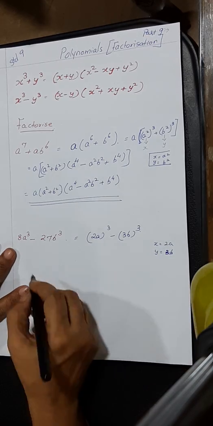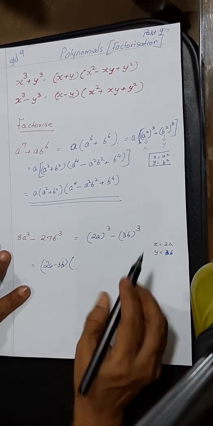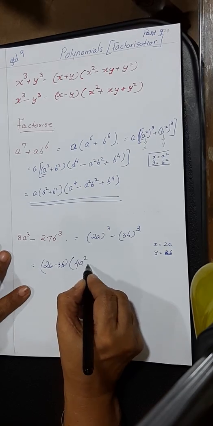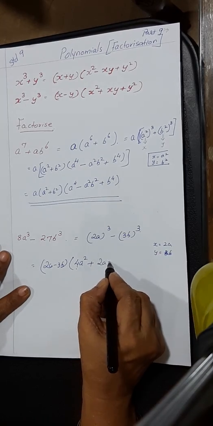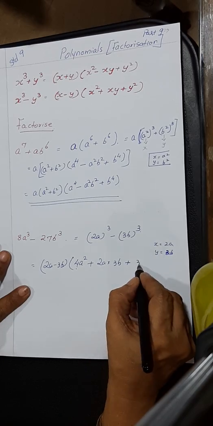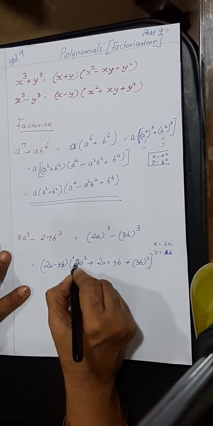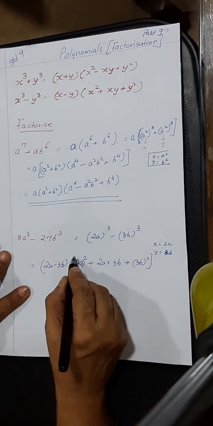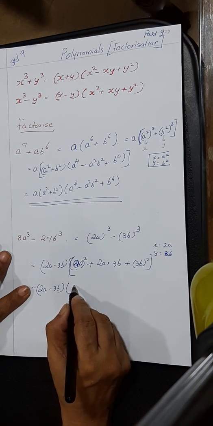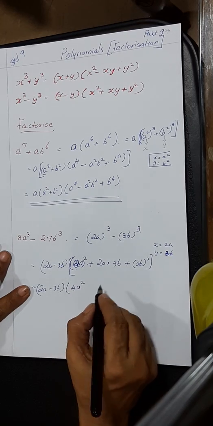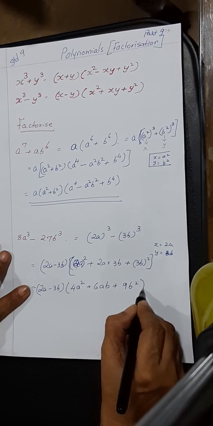Substituting, you get 2a minus 3b into 2a the whole squared, which will become 4a squared, plus xy, which will be 2a into 3b, plus y squared, which is 3b the whole squared. So this is equal to 2a minus 3b into 4a squared plus 6ab plus 9b squared.